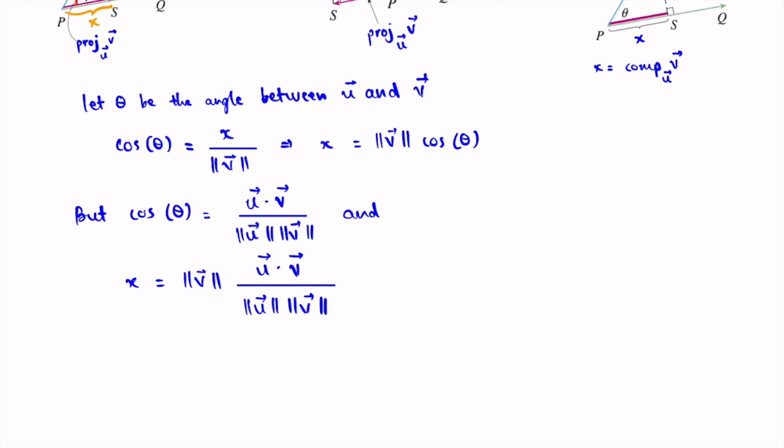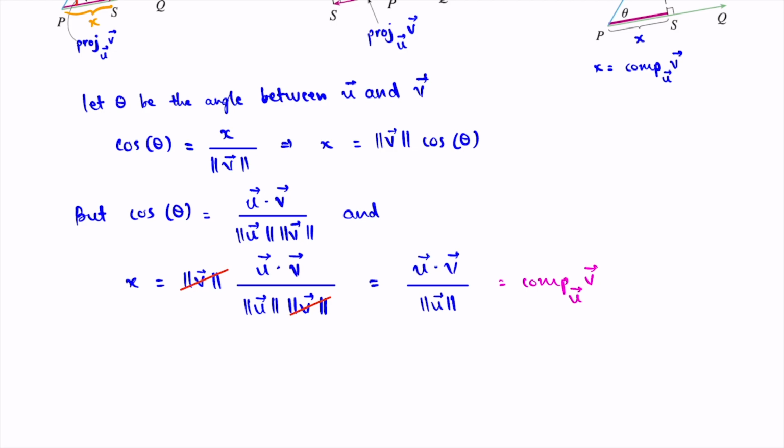Obviously we can cancel the magnitude of v, and we are left with just u dot v divided by the magnitude of u. So this is the scalar projection, or the distance or the magnitude of the vector projection. And by convention, this is the notation for the scalar projection, comp of v onto u.